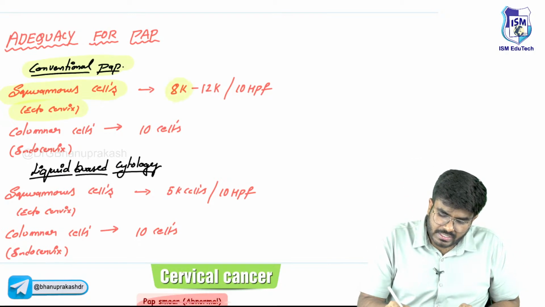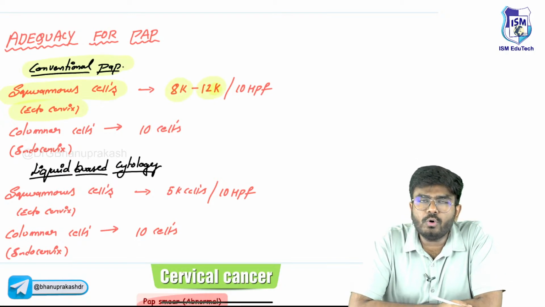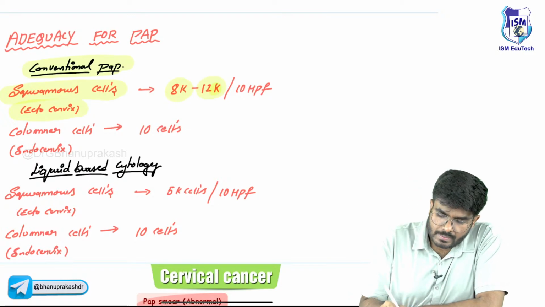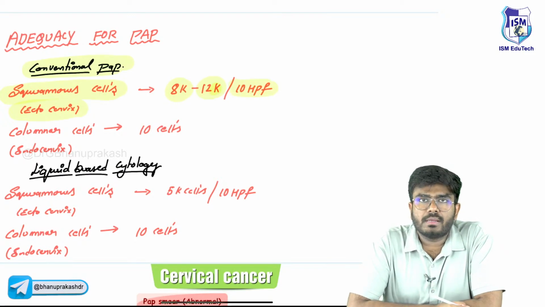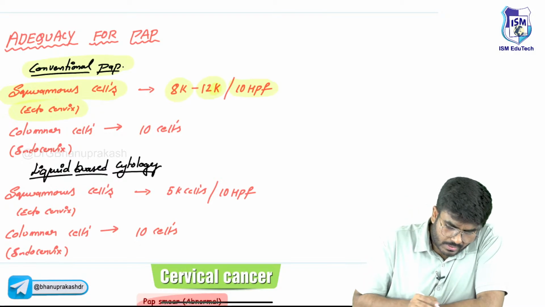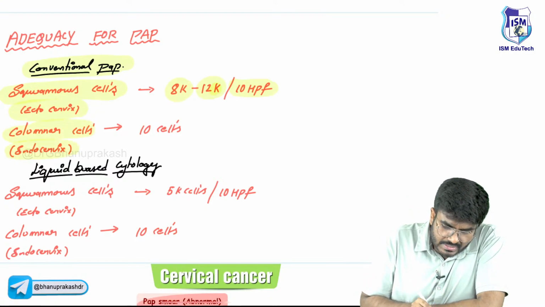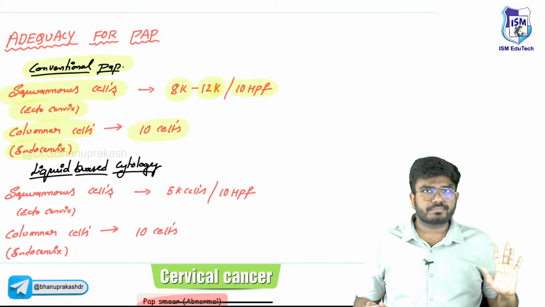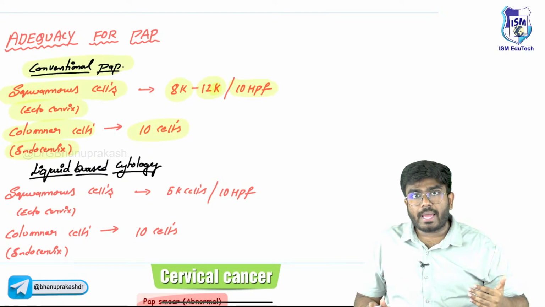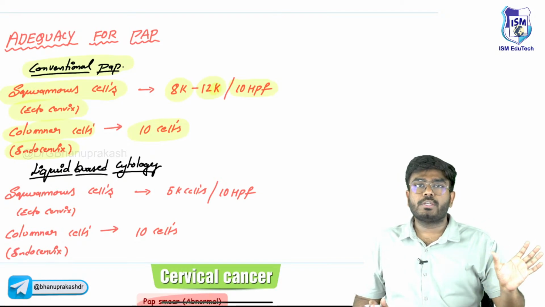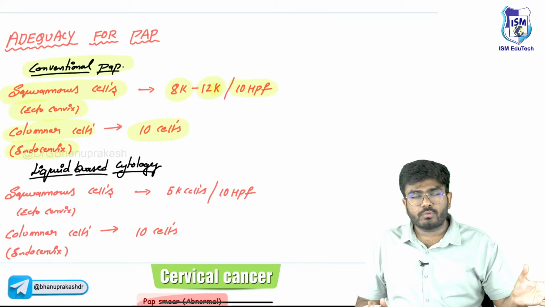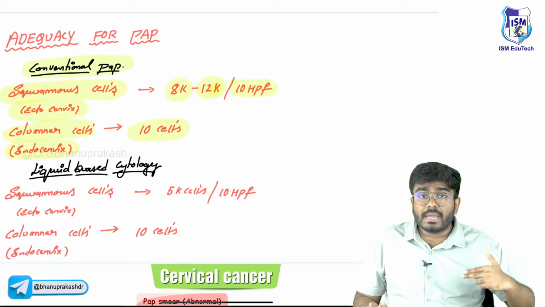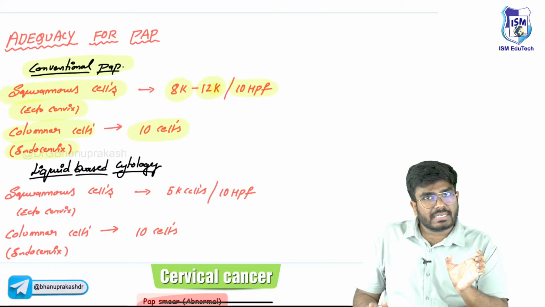You should get at least 8 to 12,000 cells per 10 high power fields. If columnar cells, endocervical cells, even if you get 10, that's enough. So for conventional pap, squamous cells 8 to 12K, and endocervical cells at least 10.